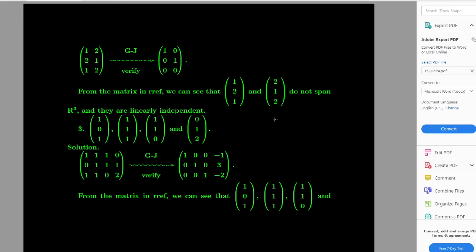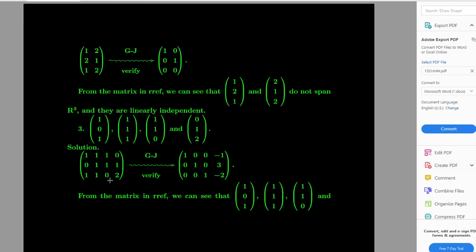Okay, now look at question 3. It's kind of similar, but for question 3, I'm going to make some more comments, which might be used in next class. In next class, we are going to combine many things we have learned into one question. For a set of vectors, we need to answer many questions. But for question 3, this time we concentrate only on determining if the vectors are linearly dependent or independent. We do the same thing.